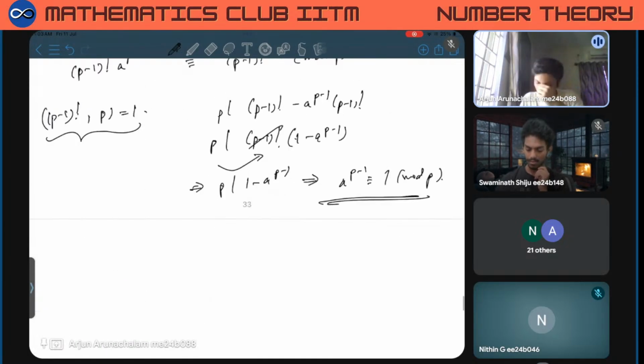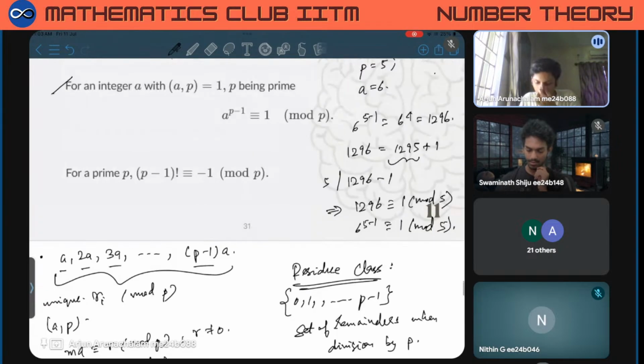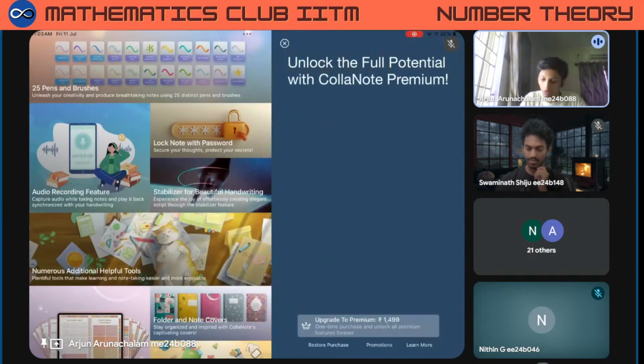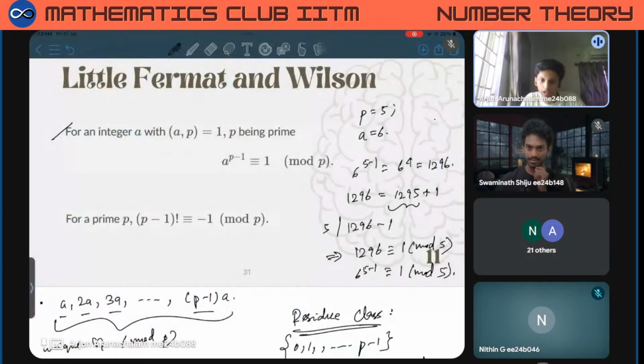Does anyone have any idea how you can prove Wilson's theorem? It's pretty much the same thing, right? Anyone can put in chat how you can approach the proof of Wilson's theorem.